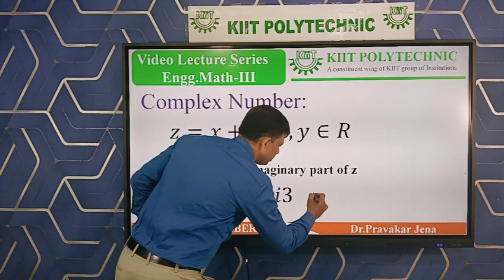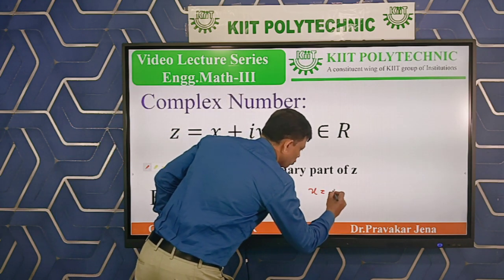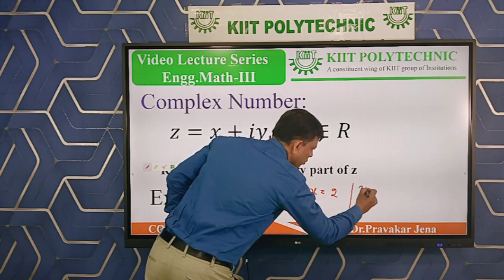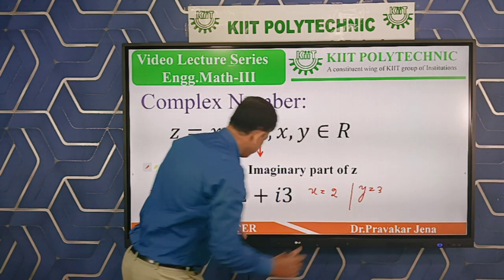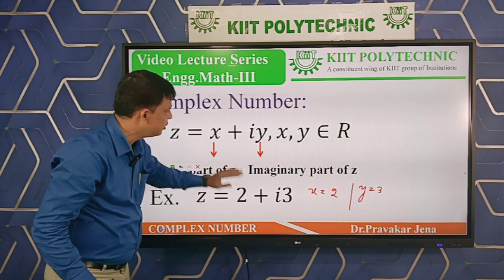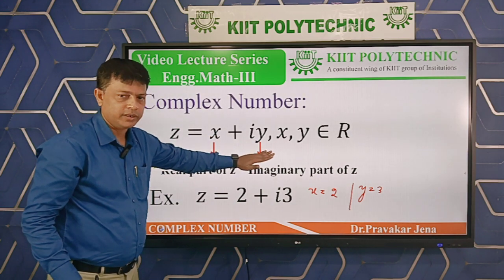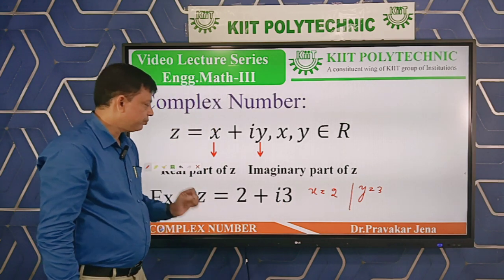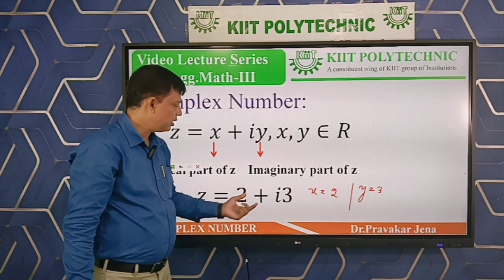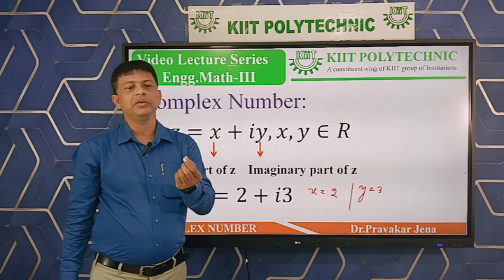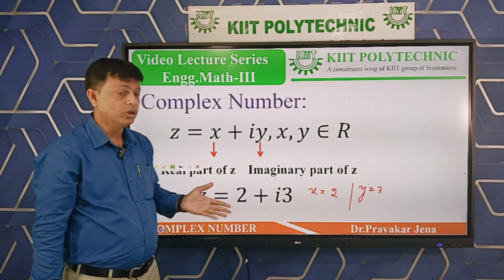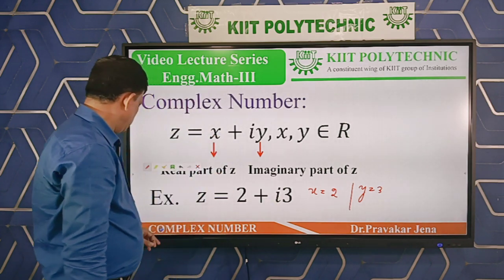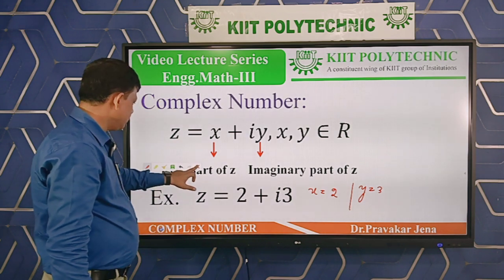So here x equals 2 and y equals 3. That means you compare this 2 plus i3 with the complex number x plus iy, so x equals 2 and y equals 3. Here 2 is the real part and 3 is the imaginary part. That is very simple. Now take more examples here.